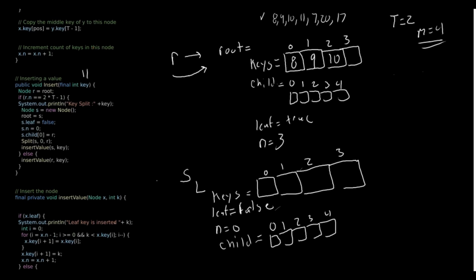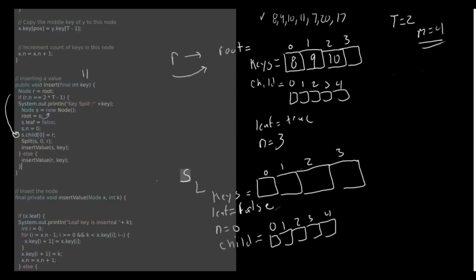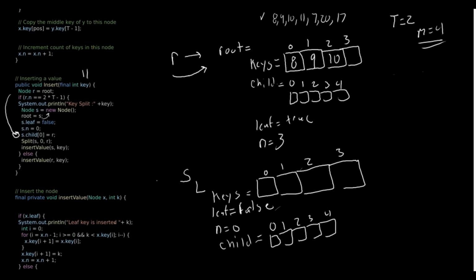So we have, okay. And then you can see in the code here that this R becomes child 0. So we're just going to make a quick flip here. Let me just go here. This here R becomes child 0. So, and root becomes a new node. So let's just show right here.